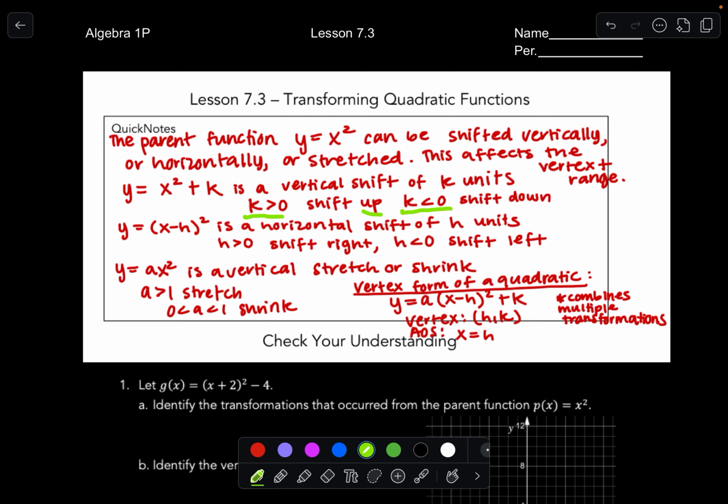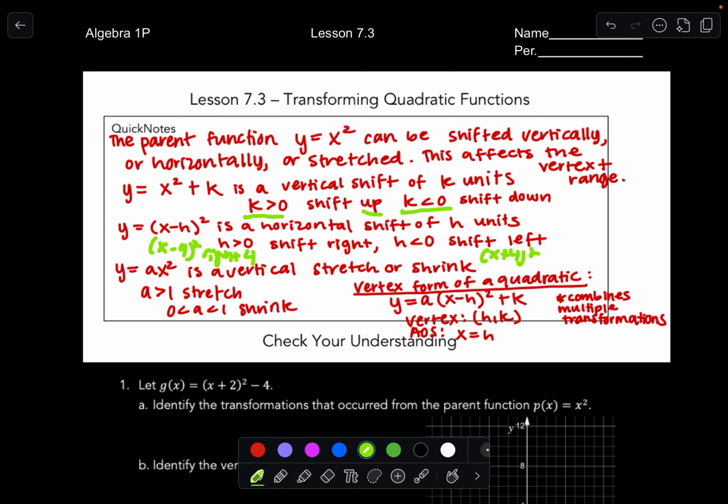Notice it's going to be x minus a number, let's say 4, shifts right 4 units. And if it was x minus a negative 4, which is x plus 4, shifts left 4 units. Okay? Your x's are liars. They're lying to you.